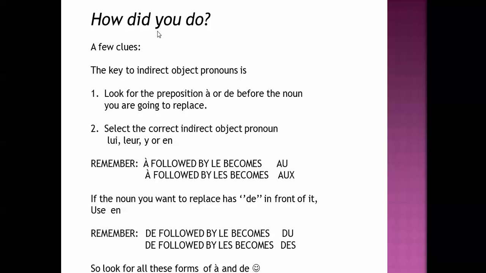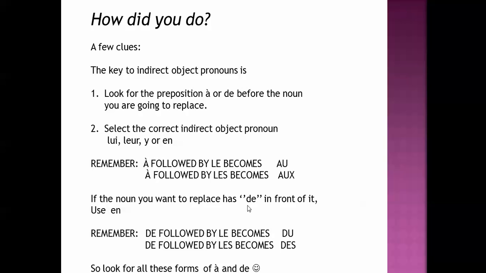Alrighty, guys. How did you do? A few clues. The keys to indirect object pronouns. The key is to look for the preposition à or de before the noun you are going to replace. Select the correct pronoun: lui, leur, y, or en. Remember, à followed by le becomes au, and à followed by les becomes aux.